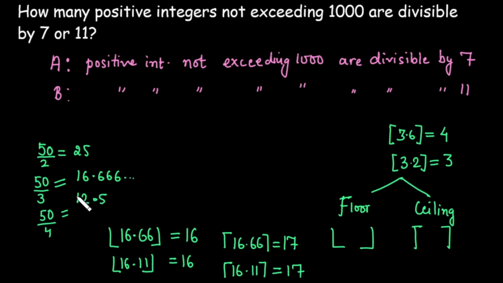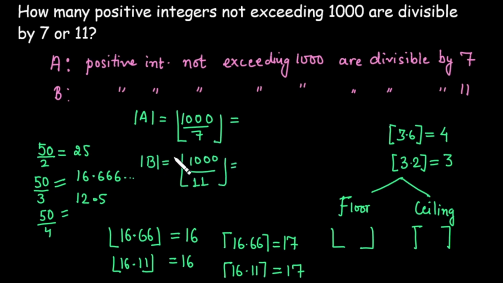So in this case, we are using the floor function. With the help of this, we can evaluate this. The number of positive integers not exceeding 1000 that are divisible by 7 is calculated as 1000 by 7 and then taking the floor.